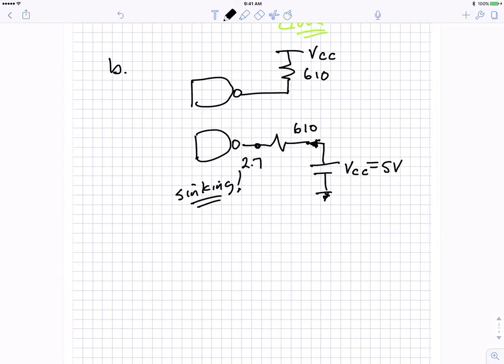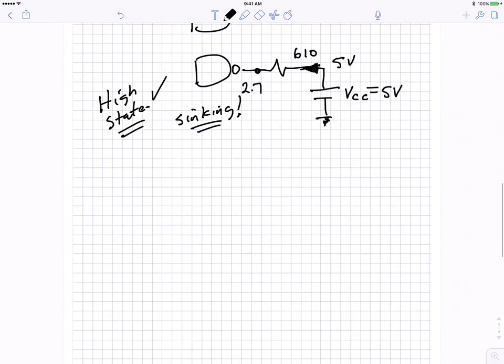You can only source 0.4 milliamps. So for the high state, it's pretty clear to me that it's sinking because 5 volts is bigger than 2.7, which means the current is going to flow this way. It's going to be sinking, not sourcing. Okay, so for the high state, we're essentially good at this point.